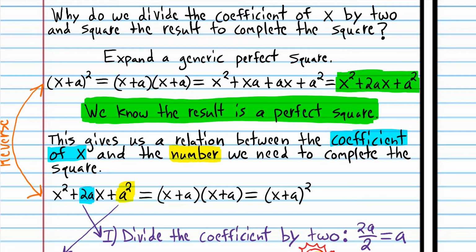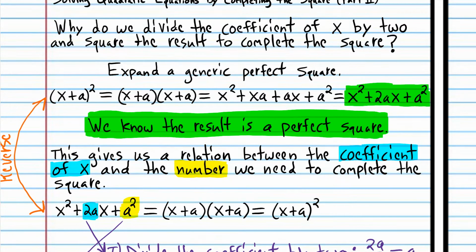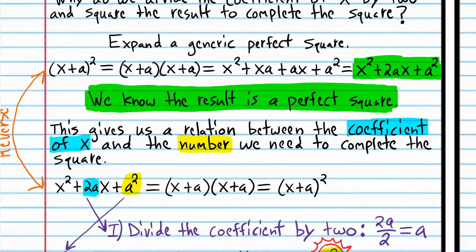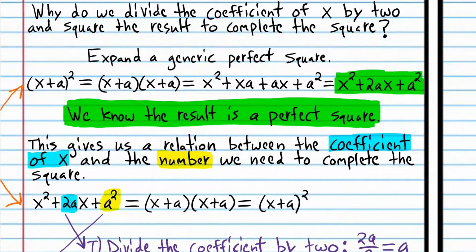Let me give a different color for that. So this is 2ax, this middle term here. And again, because we started with a perfect square over here, we know that this expression is a perfect square. And the a that you see in this expression is that special number that goes there. So what this tells us is that if we want to add a number to complete the square here, that number has to be the coefficient of x divided by 2 and then squared.